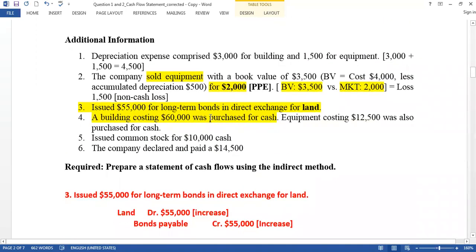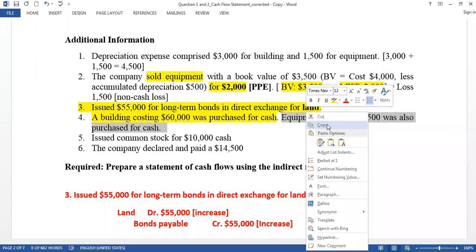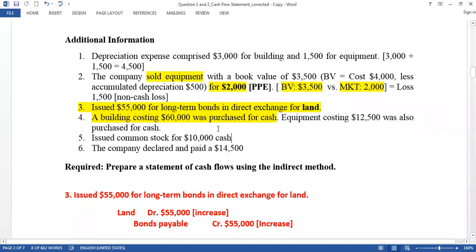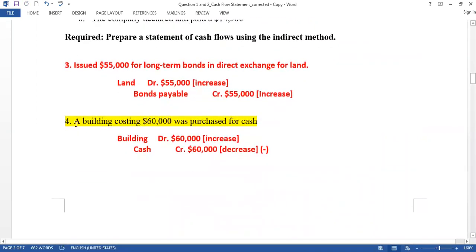Then the question said that equipment costing 12,500 also purchased for cash. So you buy building, and you also buy equipment. So look at the journal entry like this.